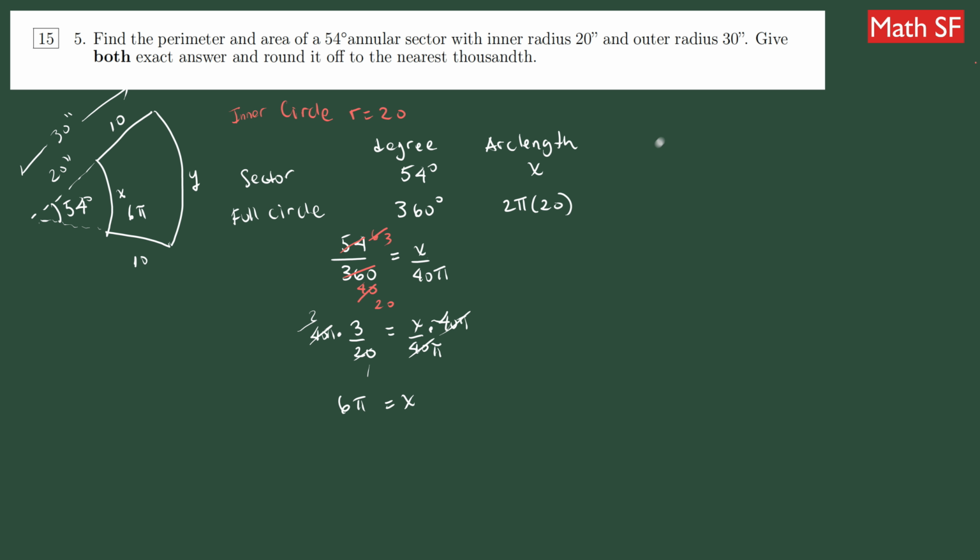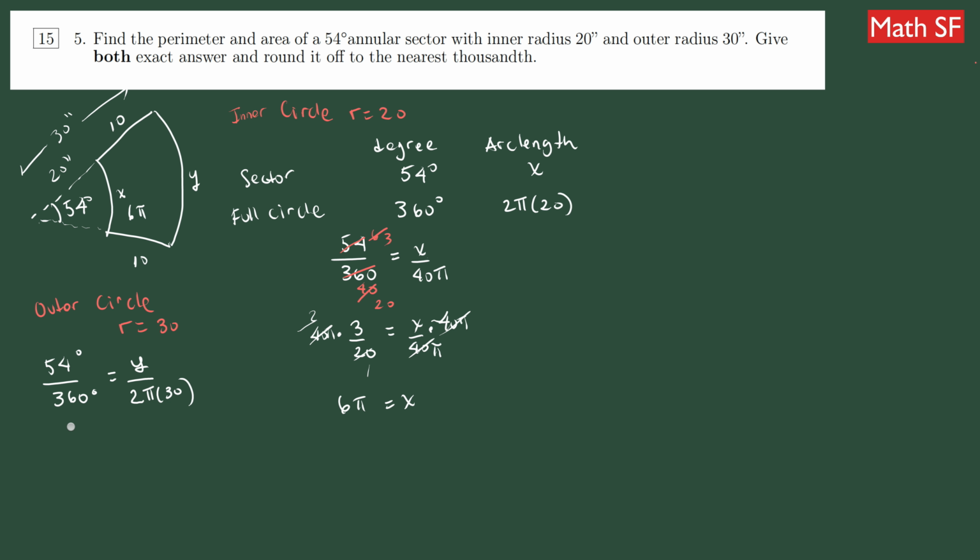Now we're gonna do the same technique for the outer circle. So I'm gonna probably write here outer. I'm going to use the same technique. So outer circle, r equals 30, right? And we're going to have sector, full circle in degrees. So 54 degrees is to 360 degrees as the arc length, in this case y, is to 2 pi r, which is 30 in this case.